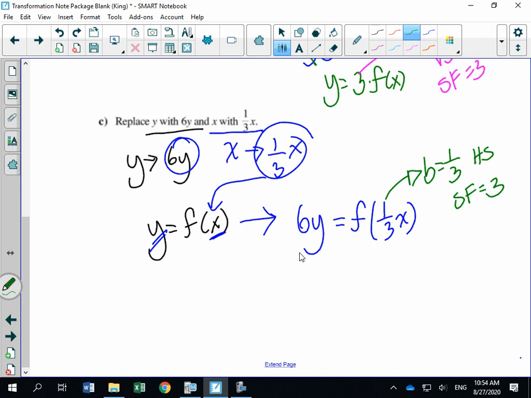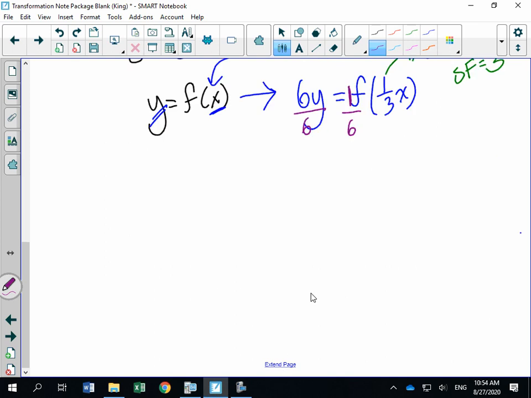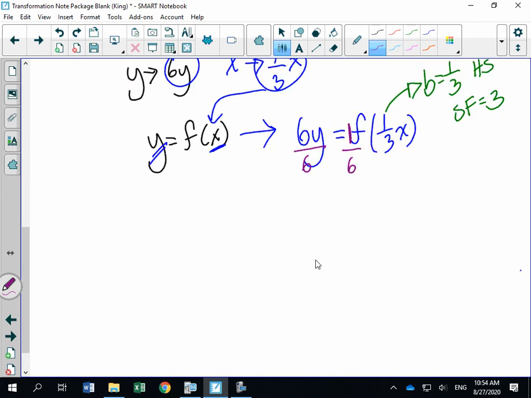Now the A value, it's not here yet because we have to get rid of this 6. Right now, y is being multiplied by 6. So the opposite of multiplying this by 6 is dividing this side by 6 and dividing this side by 6. Now there's an invisible 1 here, right? So my new function after those two transformations is y is equal to 1/6 times f of 1/3 times x.